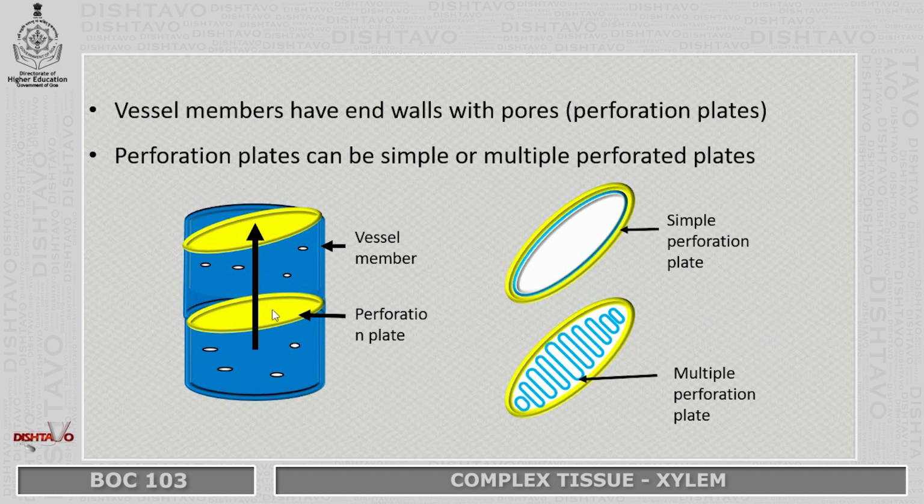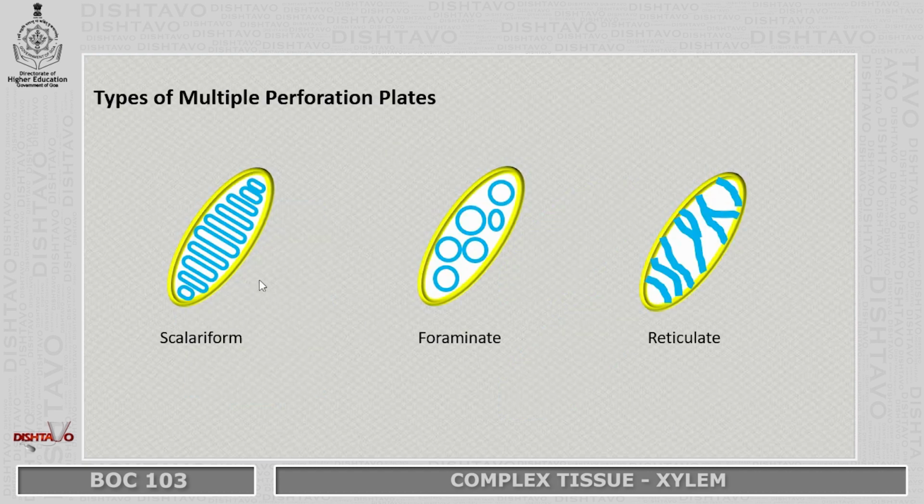Each vessel member has end walls, and these end walls show the presence of pores, and the plates are referred to as perforation plates. These perforation plates can be of two types: simple and multiple. A simple perforation plate will only have one large pore, whereas multiple will have several pores arranged in the end walls.